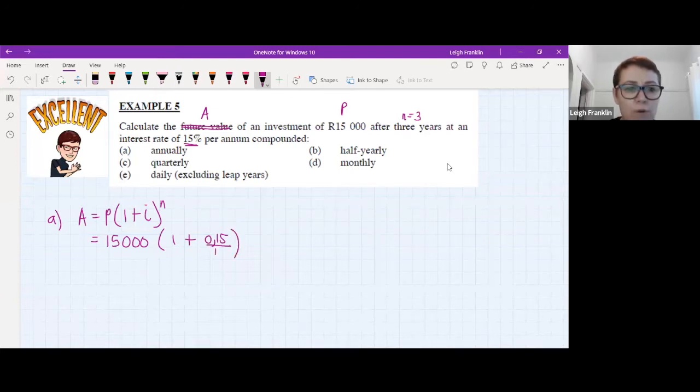And then 3, because it's for 3 years, compounded once a year. So that's what we've been doing in grade 9 and grade 10. At this interest rate, compounded once a year, 15,000 Rand, and you can work this out on your calculators as well, is going to grow into what?